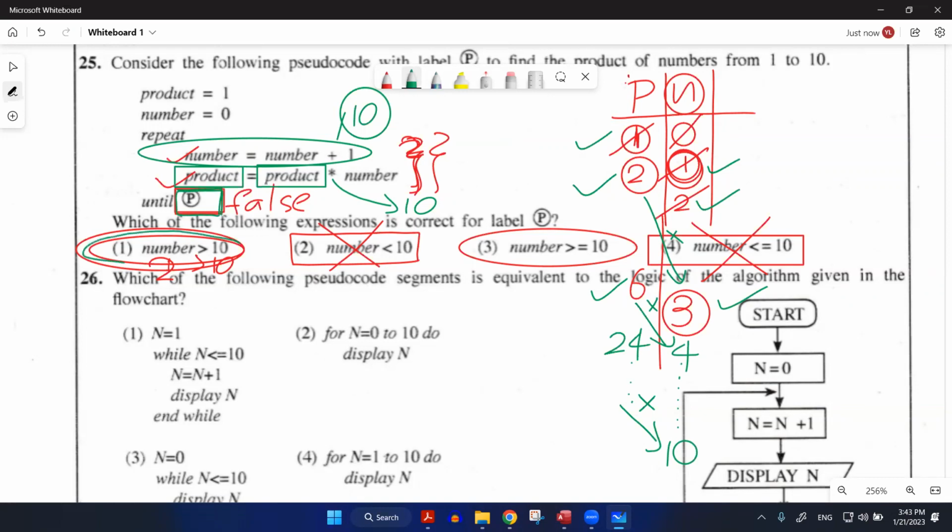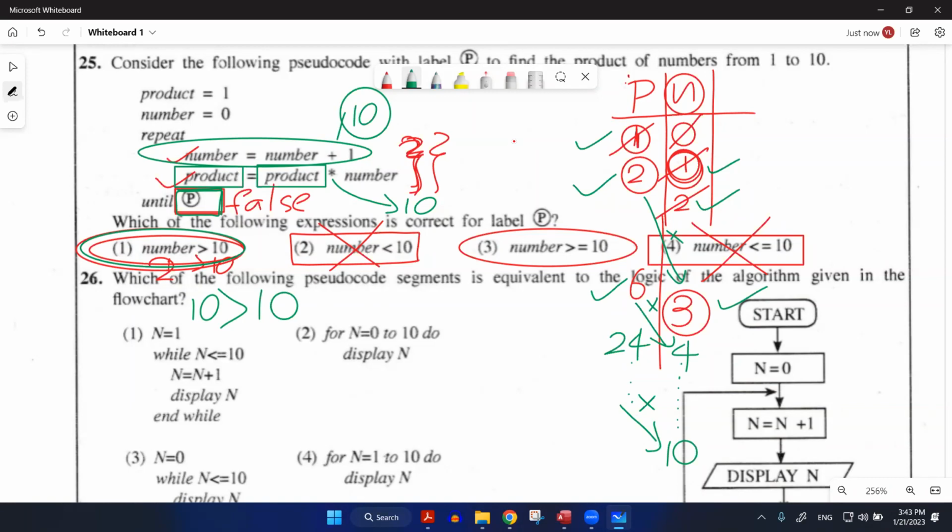So now here, as we assume, if this question is asked, number larger than 10, what's going to be the output or the answer for that? Now number becomes 10. 10 larger than 10. 10 is not larger than 10. 10 is equal to 10.